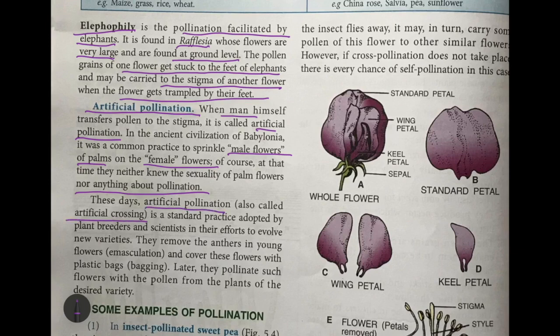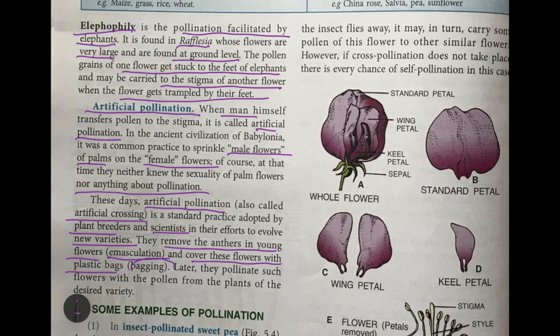It is a standard practice, especially done by people who work on flowers like plant breeders and scientists to find out new varieties. So what they do is they remove the anthers in young flowers. This is known as emasculation. What is emasculation? Removal of anthers in young flowers. And then they cover these flowers with plastic bags.